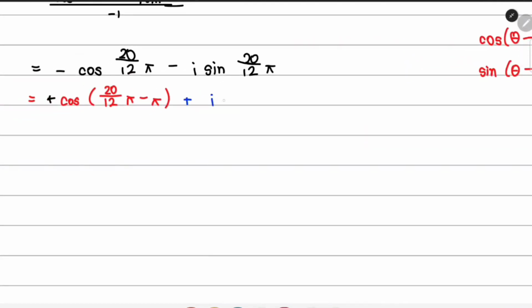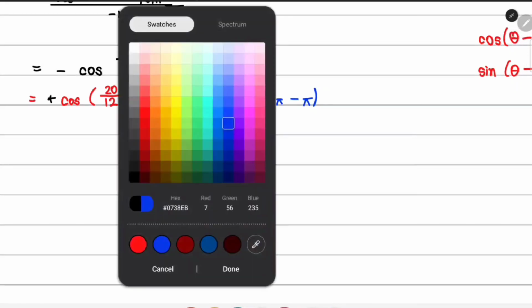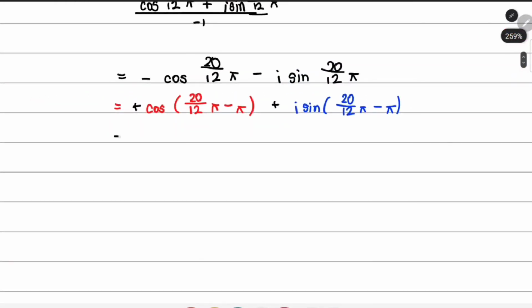I get plus i sine 20 by 12 pi minus pi. Basically, I get a minus from before and a new minus. This becomes a plus. So finally I get cos 2 pi by 3 plus i sine 2 pi by 3.